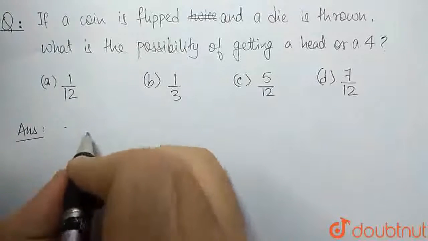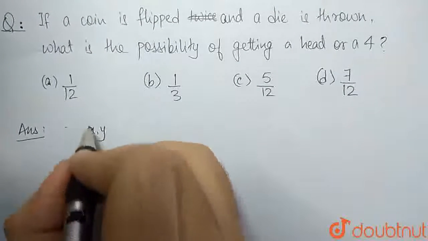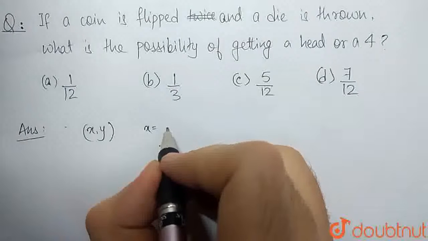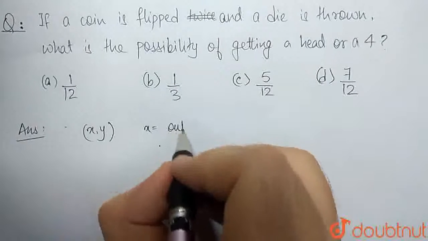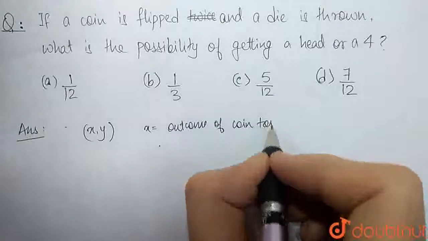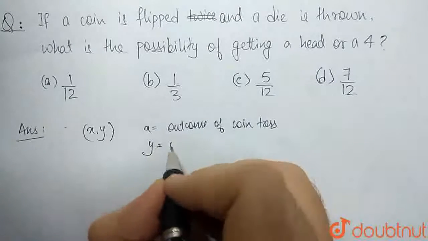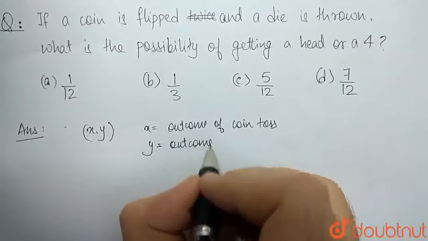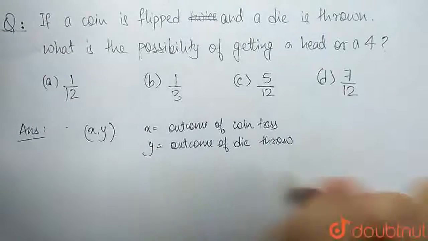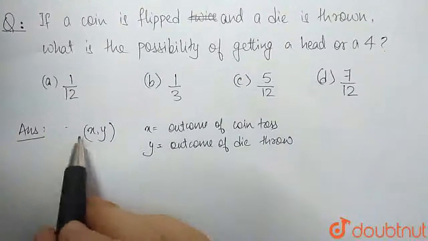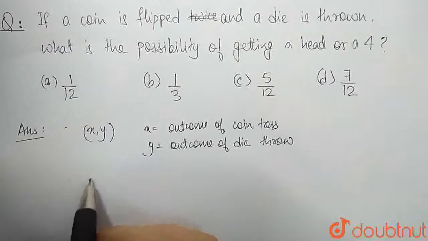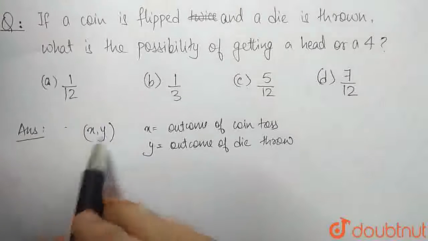For example, we'll have it in the form of x comma y, where x is the outcome of coin toss and y is outcome of die throw, right? So every possible outcome will be in this form, x comma y, for example heads comma 1, tails comma 3, so in that form.